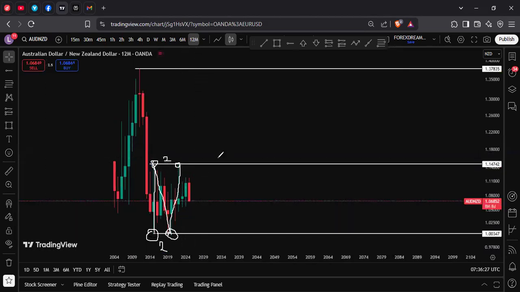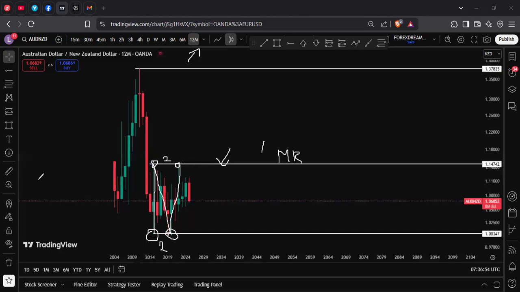Why I call it minor support and resistance is because it is in between the major support and resistance. But as we go down with the time frame, this is going to be a major resistance. We are on 12 months right now, so as we're going to be going down the time frame, this is going to be our major resistance.